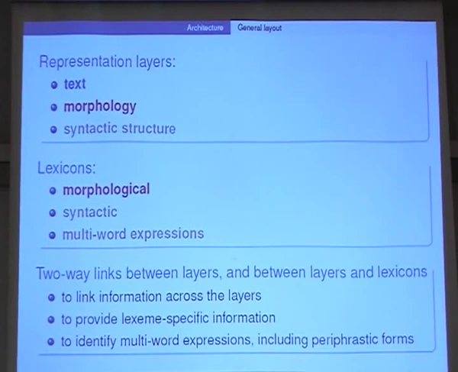Among layers, between layers and lexicons, and among lexicons, there are always two-way links which connect various elements within these parts of the whole structure. So we can link information across various layers. Of course, we can also provide lexeme-specific information. And what's very important, we would like to identify multi-word expressions, including also verbal periphrastic forms.